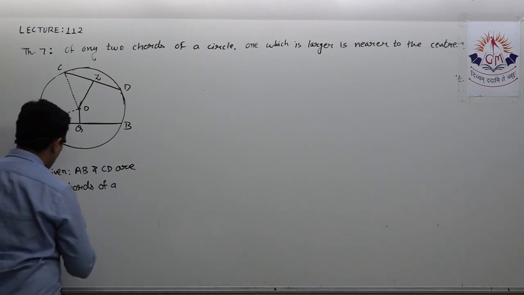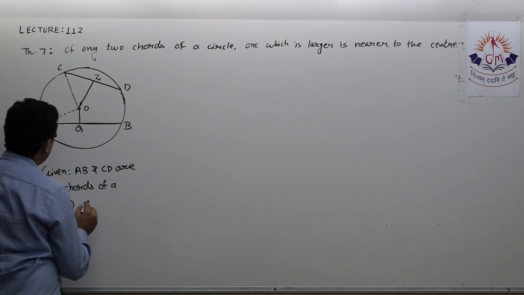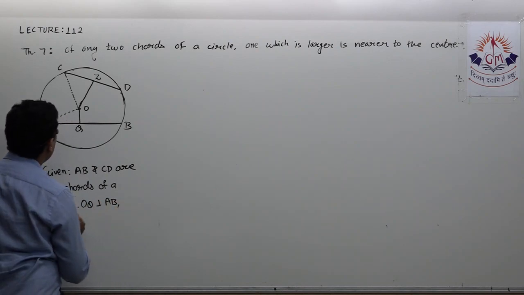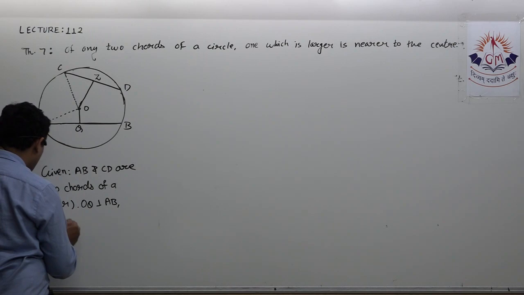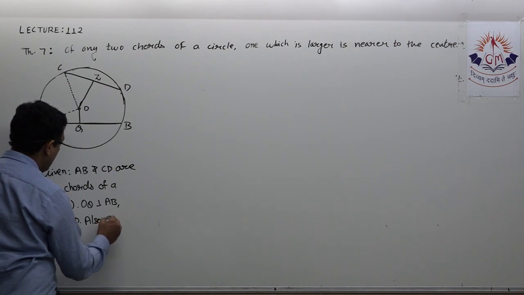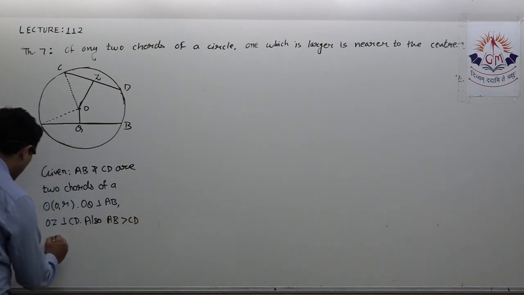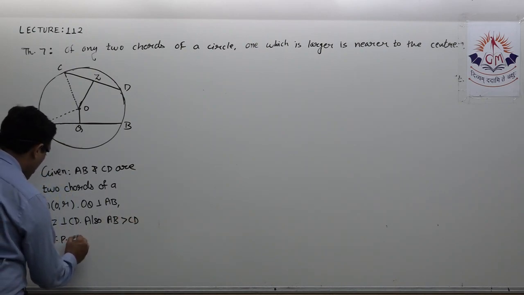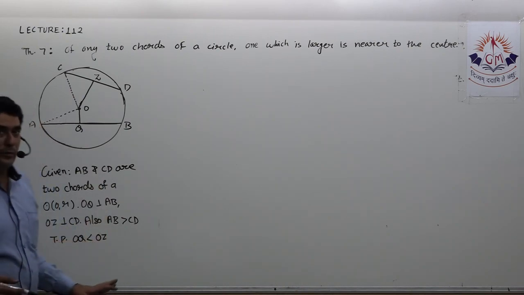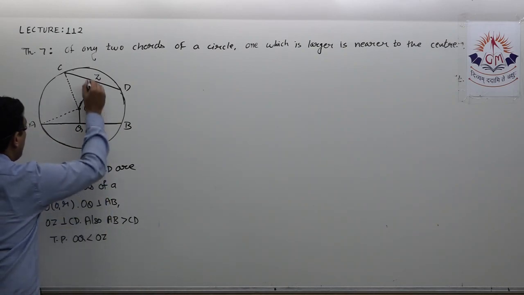Further, it is given OQ perpendicular to AB, OZ perpendicular to CD. Also we have AB is greater than CD. To prove: OQ is less than OZ. However, it is visible from the diagram, but we can't write it that way. OQ is less than OZ, that we have to prove.